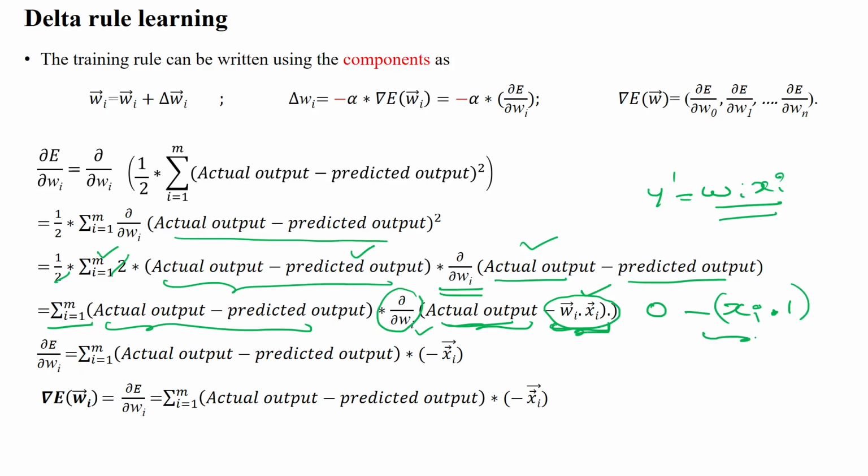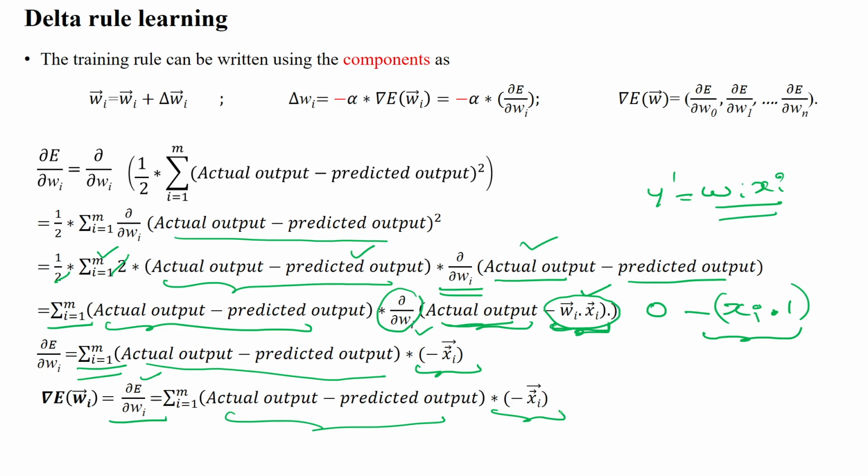So this is the term we get in the next line, minus xi. Now we have the gradient of error with respect to wi: summation of i equal to 1 to m, actual output minus predicted output into minus xi.